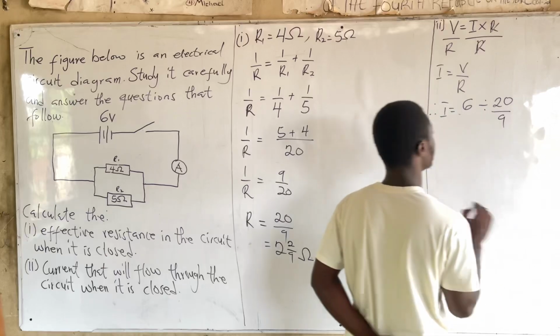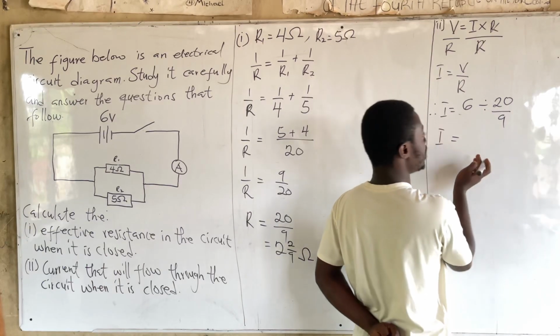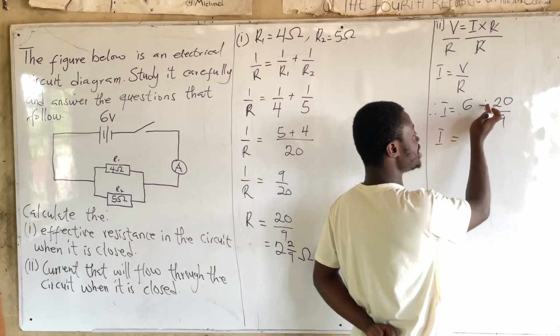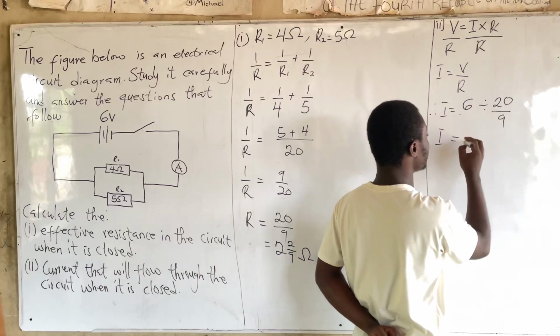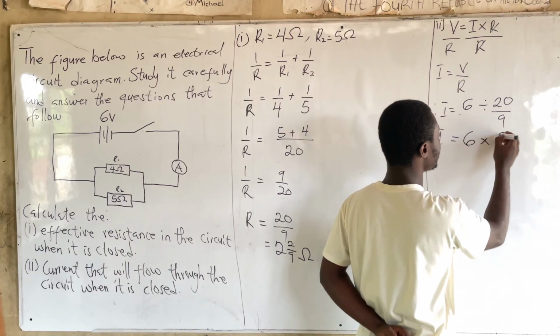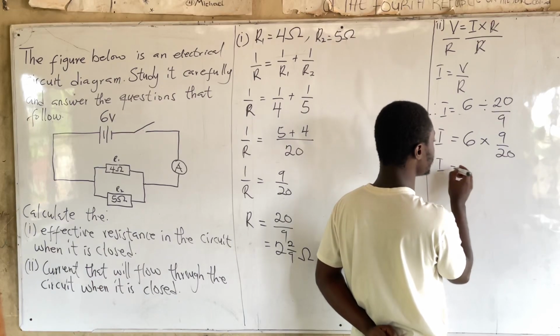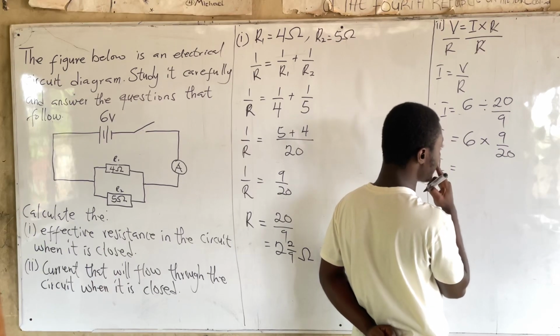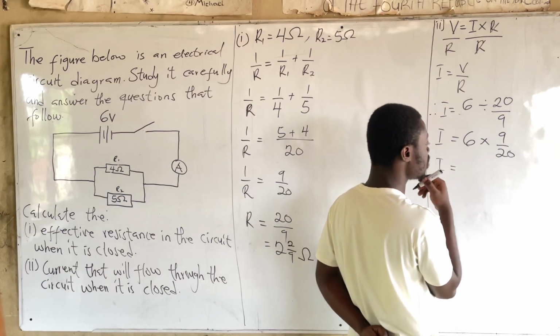Now let's solve it. I, current, is equal to, so with the fraction, division changes to multiplication and then this one reciprocates. So we get 6 times 9 out of 20. Let's cancel it out so that it becomes easier for us to solve it.